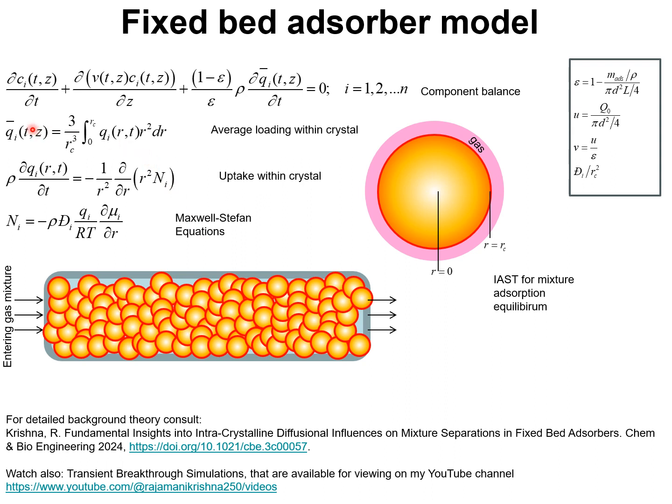The background is provided in my papers and also in my video presentation on transient breakthrough simulations. V is the interstitial gas velocity within the bed, epsilon is the bed voidage, and Q super bar is the average component loading within the crystals in the fixed bed. The average component loadings are defined as the radial average of the component loadings within the crystal at any time t, and these loadings are a function of the radial distance coordinate r. R sub c is the radius of the crystallite.